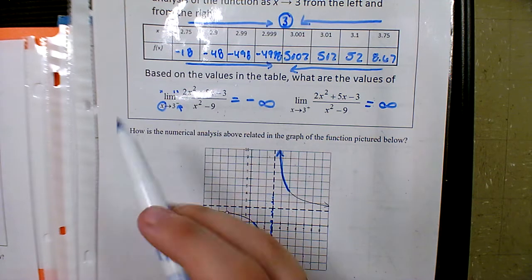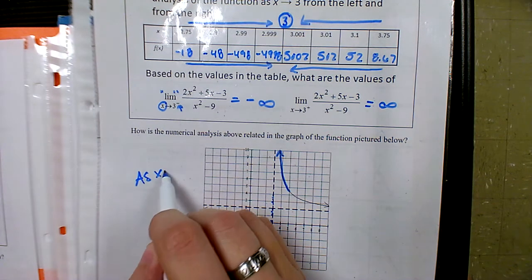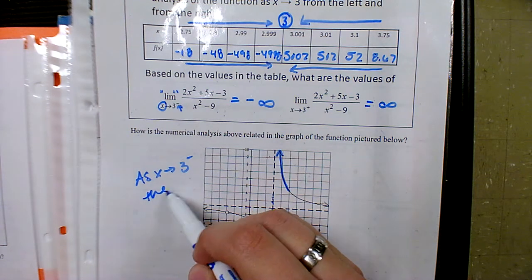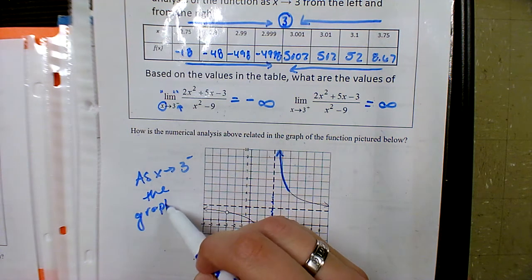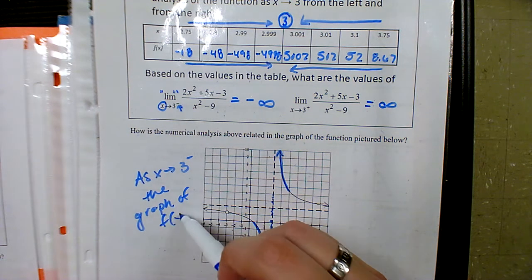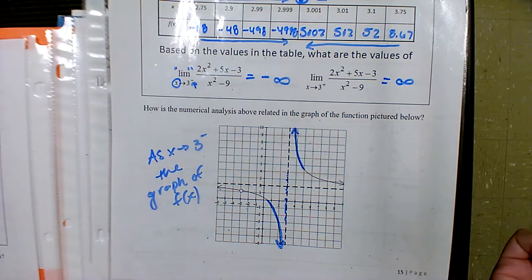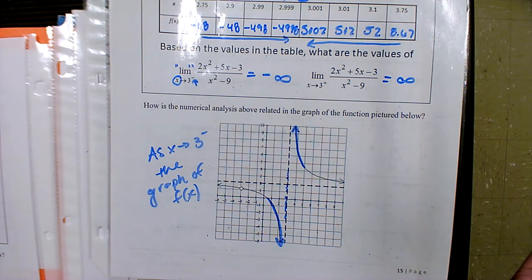So maybe we can write this idea. As x approaches 3 from the left-hand side, the graph of f of x, how do you want to describe it? What wording might you want to use? In your own words, no right answer really. How would you describe it?